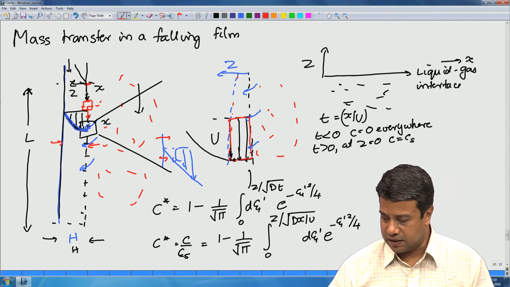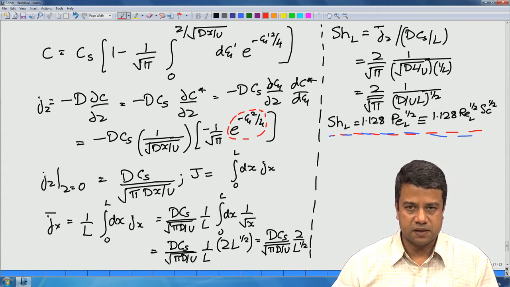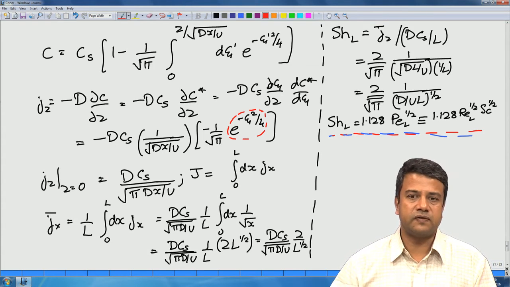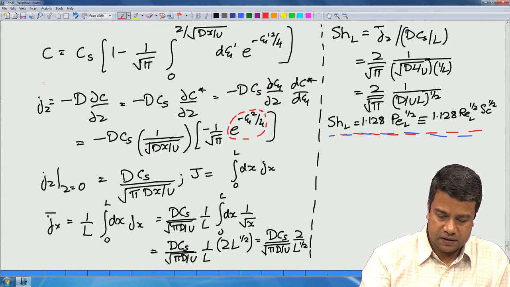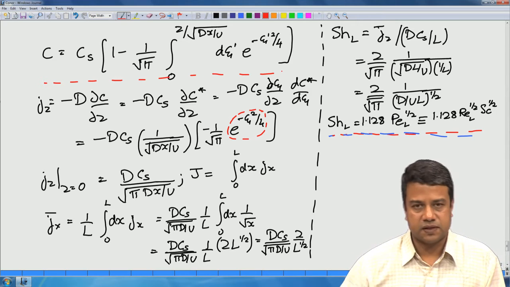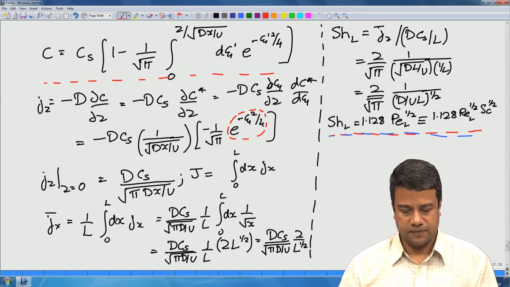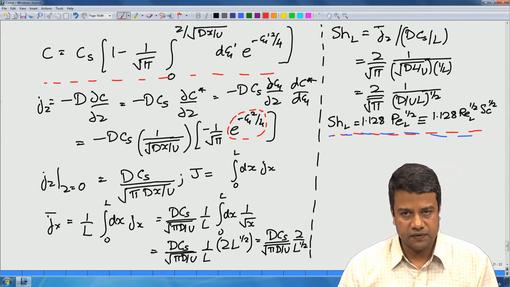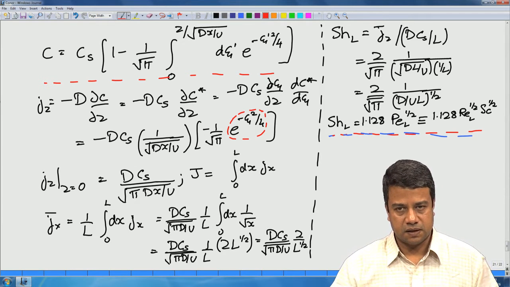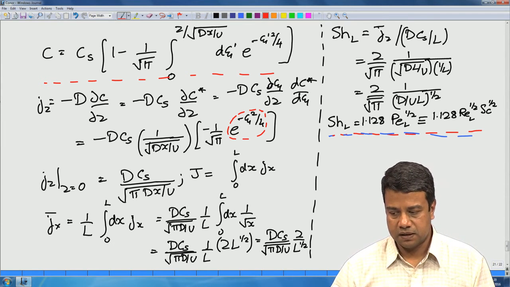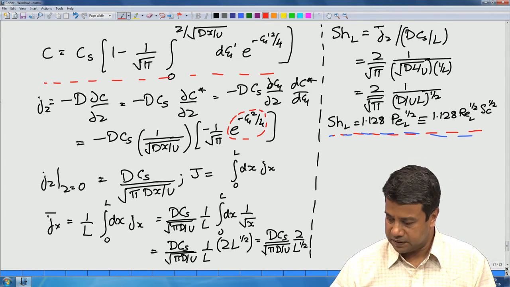Based upon this analogy, time is just equal to the distance moved divided by the velocity, and I had just written down an analogous equation for the concentration field. Based upon that, you can calculate the flux, and the average flux, by integrating the flux over the height and dividing by the length of the film. From that average flux we get the Sherwood number, and we got the correlation.